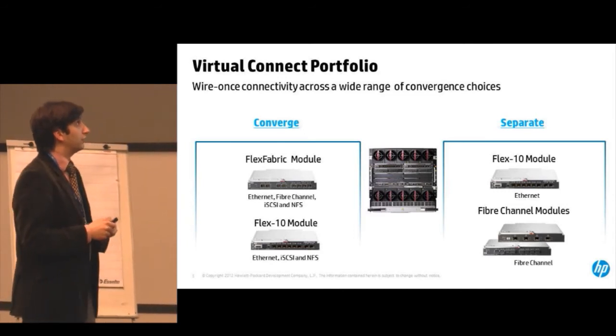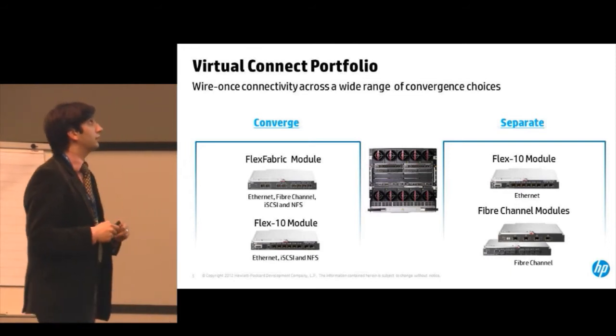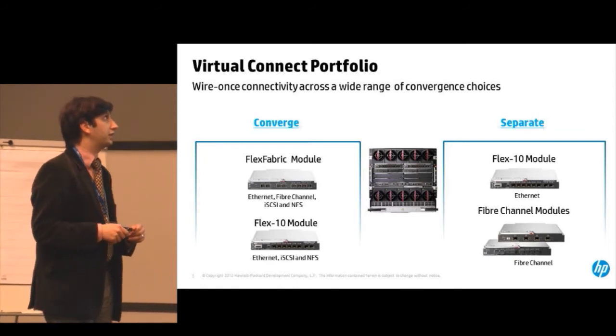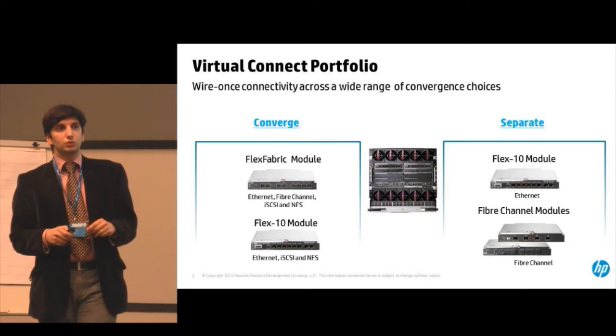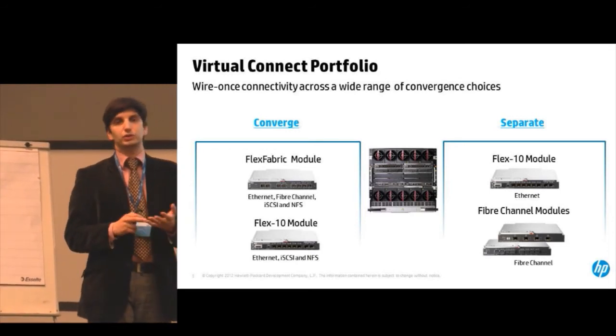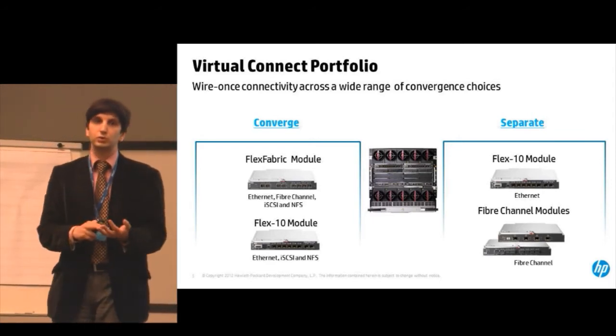You can go a couple of different paths. First, if you want a fully converged environment, a premium offer here would be the Flex Fabric module, which gives you the capability to configure all the LAN and SAN connections for all your Blade servers using just 2 modules.